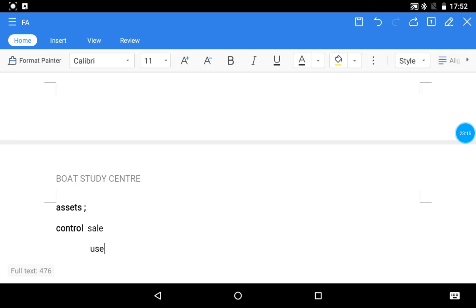So we have said assets: a business must have control over the asset. It means when you sell or dispose of that asset, you receive some money. When you use it, you receive some money. It can be in the long run or a short period of time.